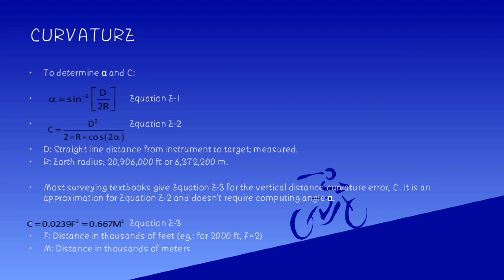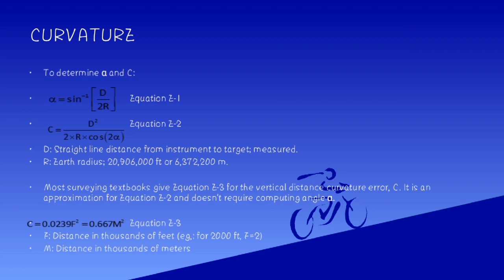So in most surveying textbooks, it gives equation 3 for the vertical distance curvature error C. It is an approximation for equation 2 and doesn't require computing the angle A. So the third equation is C equals 0.239 times F squared, which equals 0.667 M squared.